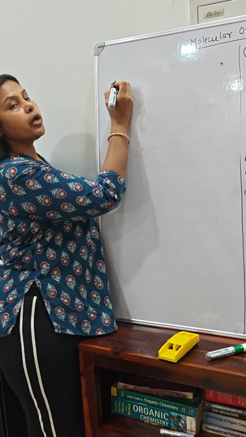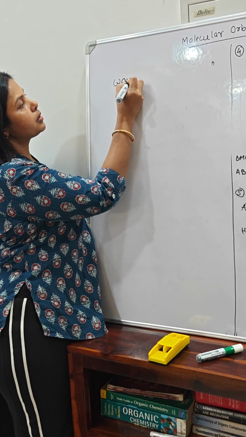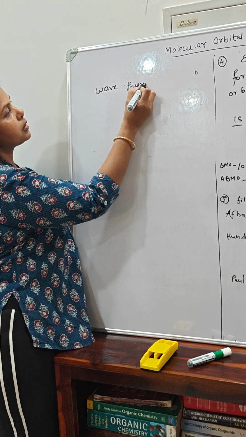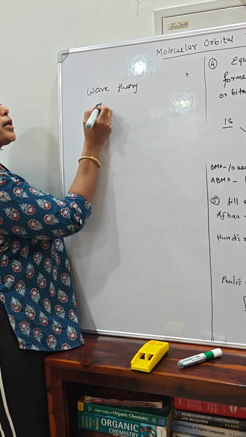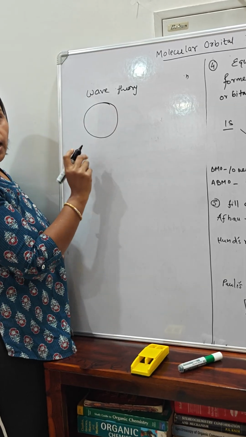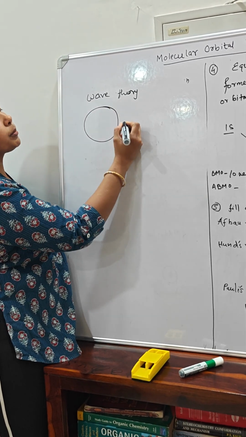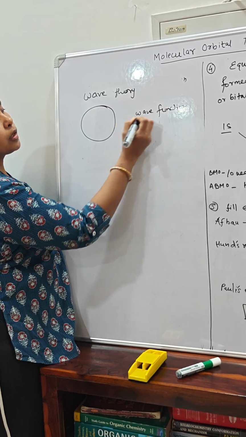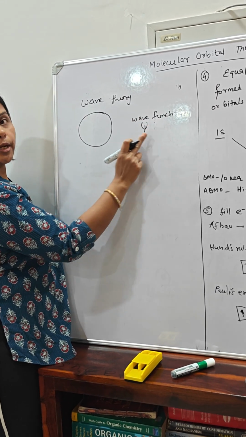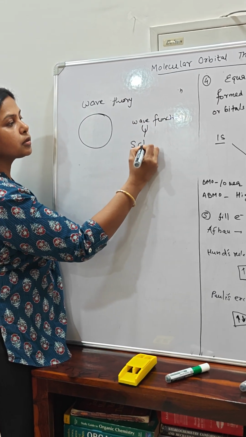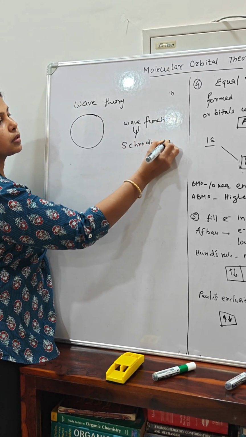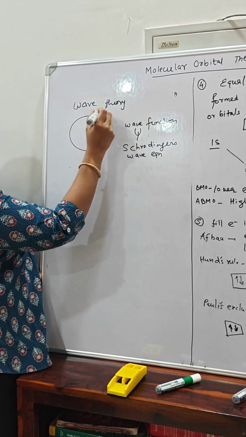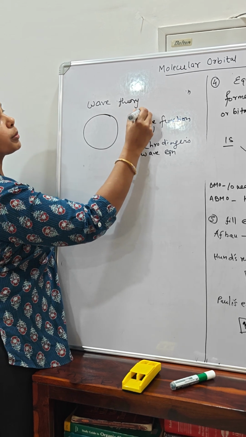According to wave theory, each atomic orbital can be represented as a wave function, which can be obtained from solving Schrodinger's wave equation for an atom.